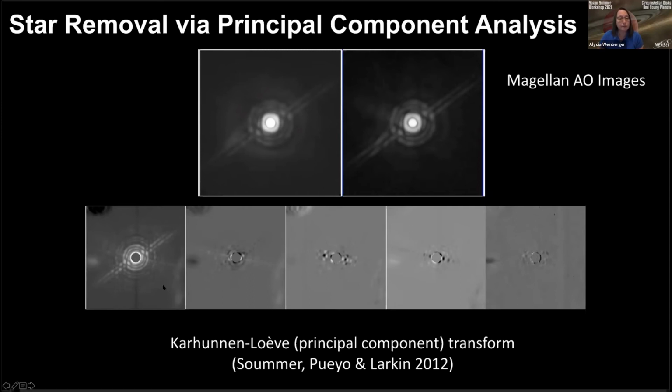But as you can see, these are the first 5 principal components from an analysis of a stack of images. And you can see the first component contains most of the structure of the point spread function, what the telescope plus adaptive optics system are doing. And then there are sort of tunings on that in the subsequent components. So now you can subtract the right fraction of each of these components from your image to reveal the disk.